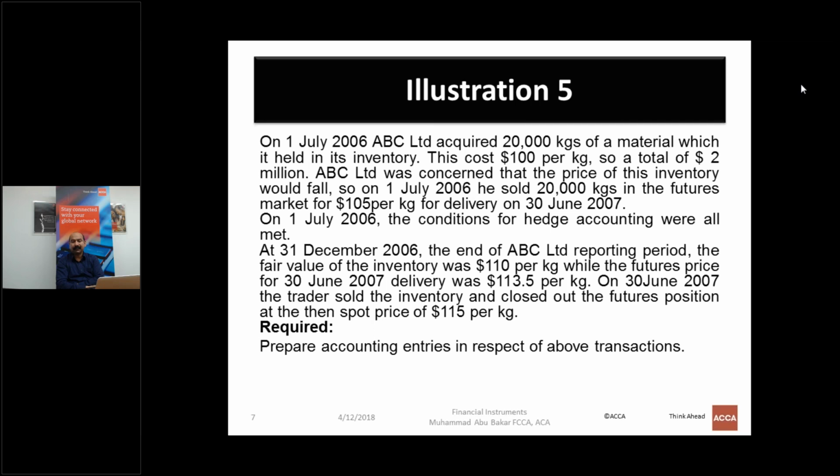In that case, the financial asset is initially measured at fair value, evidenced by a quoted price in an active market for an identical asset, or based on a valuation technique that uses data from observable markets, and the difference between the fair value at initial recognition and the transaction price is recognized as gain or loss. Otherwise, the consideration given will be treated as the fair value.